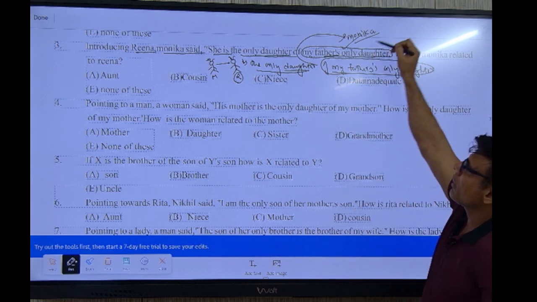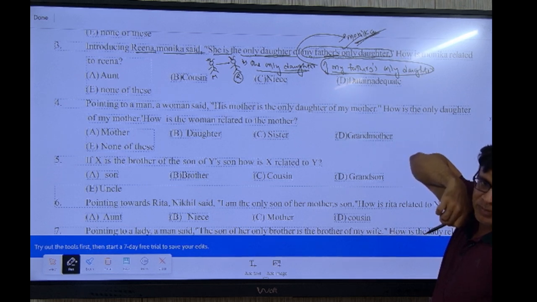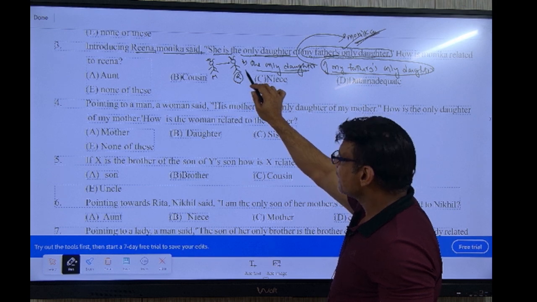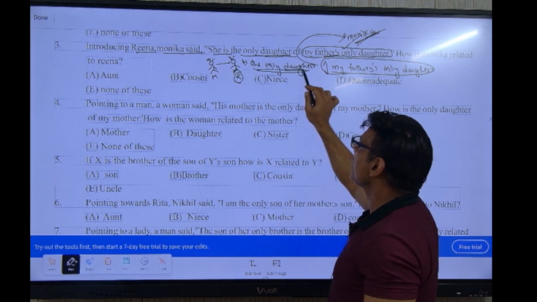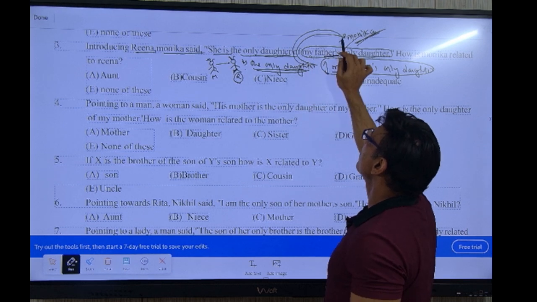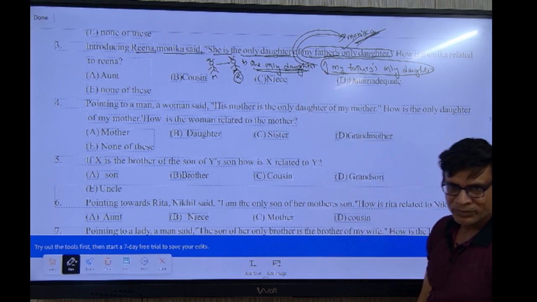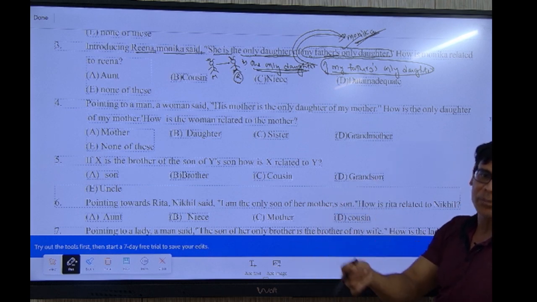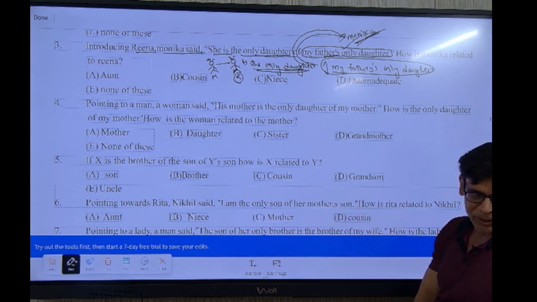So I'll replace my father's only daughter with Monica. Now Monica is saying about Reena that this girl is the only daughter of Monica, but I myself am Monica.